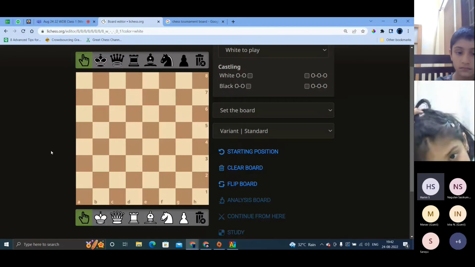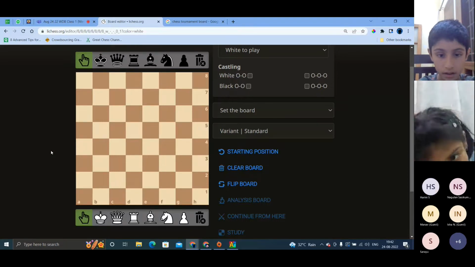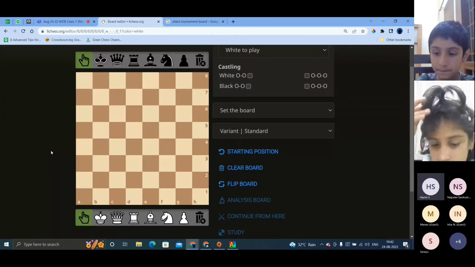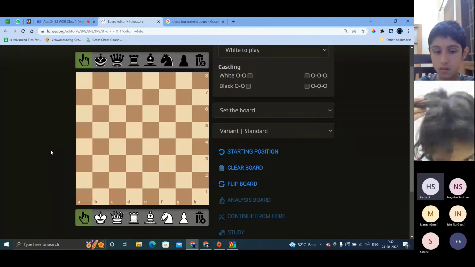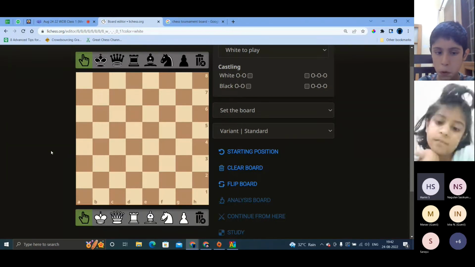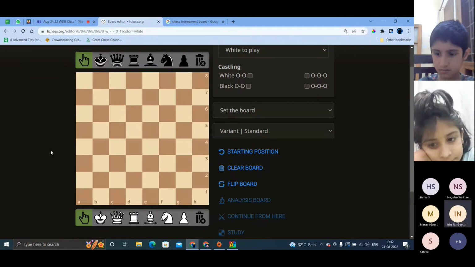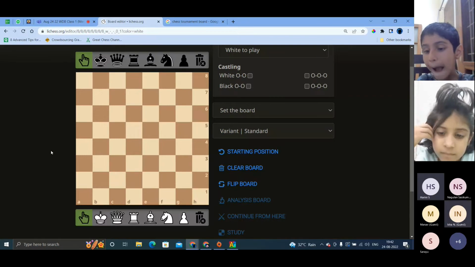Next, Anirudh, tell me H1, is it a light square or a dark square? H1 is a light square, ma'am. Isha, now tell me G5, is it a light square or a dark square? Dark square, ma'am.